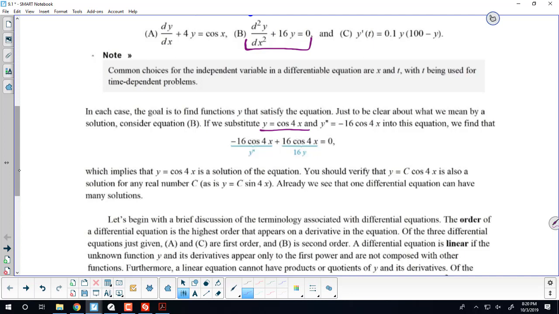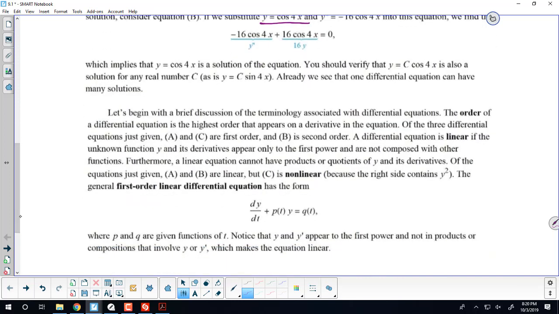Once you get into Calc 3, you'll start looking at partial derivatives in 3 dimensions, so partial differential equations are more applicable to physics majors. We're looking at ordinary differential equations.